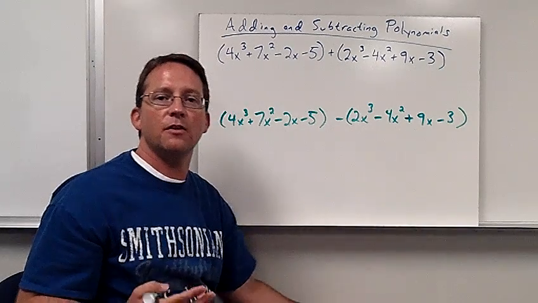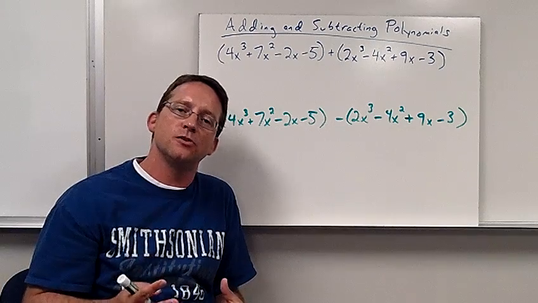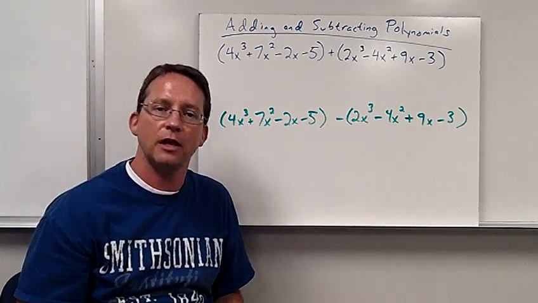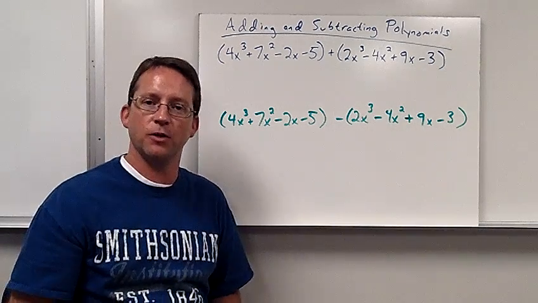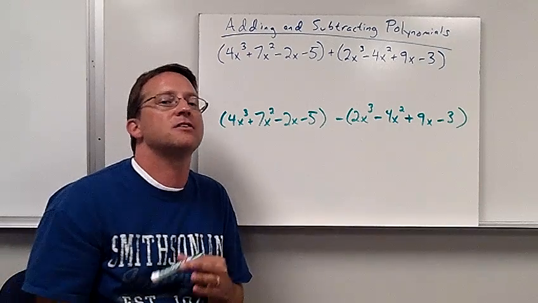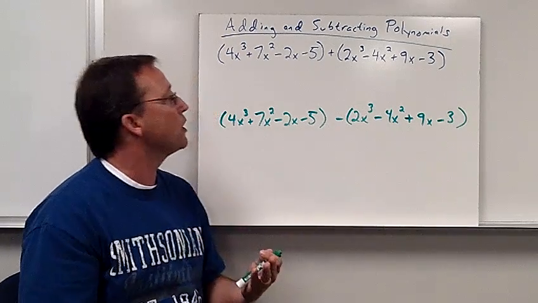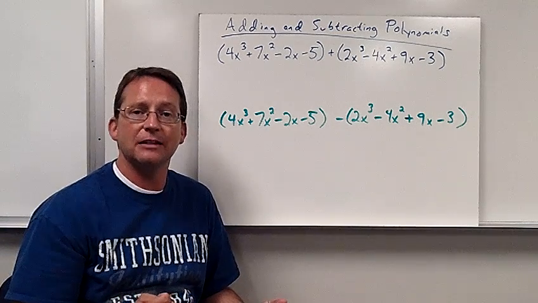The good news is all three of these things, addition, subtraction, multiplication, all build on skills that you are familiar with already. If I said, here are two polynomials to add together, I just want you to take your best shot here without me teaching you anything. Chances are you would do the right thing here. What you're doing when you add or subtract polynomials is simply combining like terms.